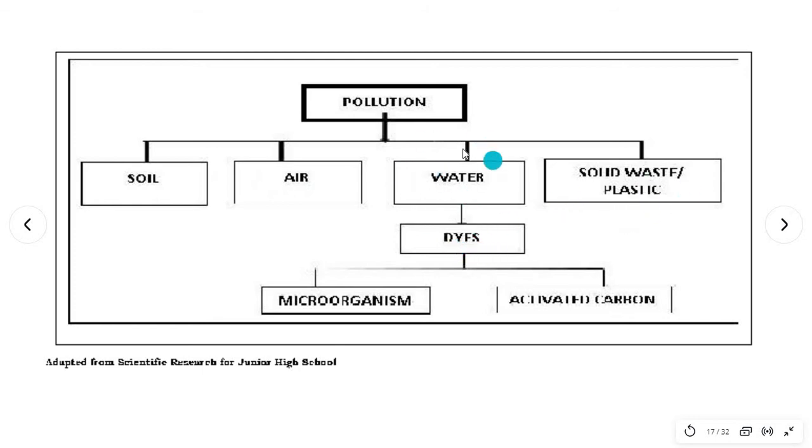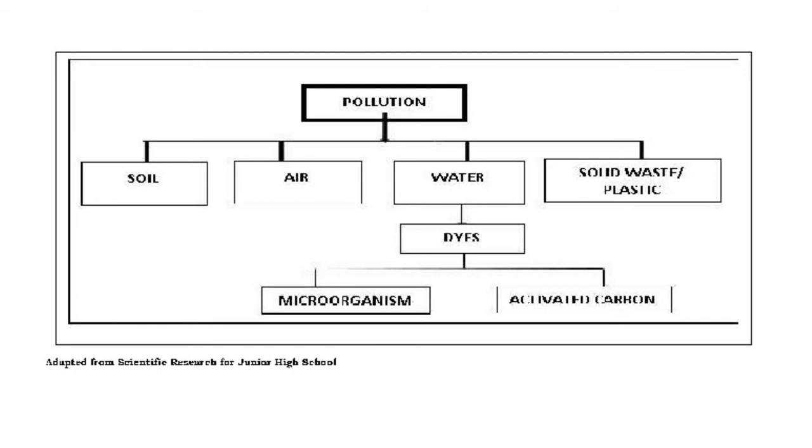They focused on water pollution, and they want to use this mixture, a dye, which has microorganisms and activated carbon. Activated carbon is a special kind of substance. It is also called activated charcoal, a form of carbon that is processed to have small pores that increase surface area, so it filters and adsorbs.